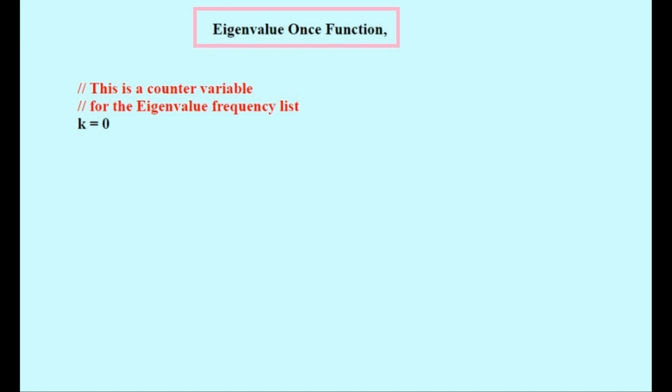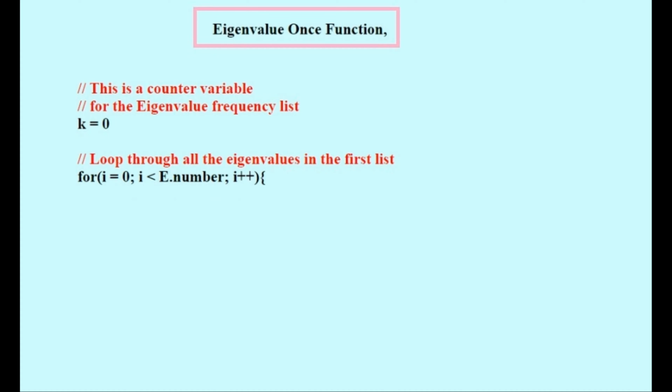And so now it's time to write the code. We firstly set a counter variable k outside the main for loop. This is a counter for the position in the eigenvalue frequency list. So now we create the main loop that steps through all of the eigenvalues stored in the first list.